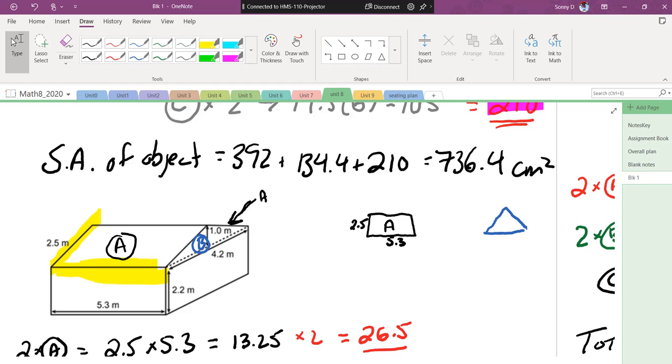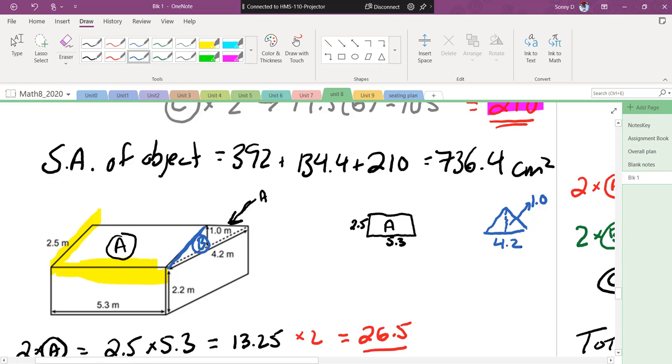No. So 2.5 refers to this right here, Gordon. That's how long that side is. The height is the distance from the base to the vertex. So that's going to be 1.0. You're right, Mohammed. And what's the base? How long is that base? Yes, Ethan. 4.2? 4.2, yeah.